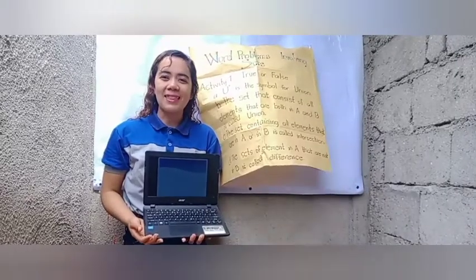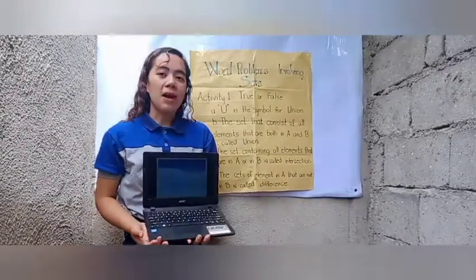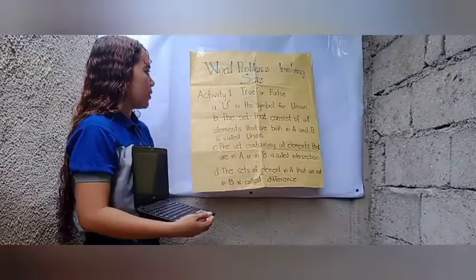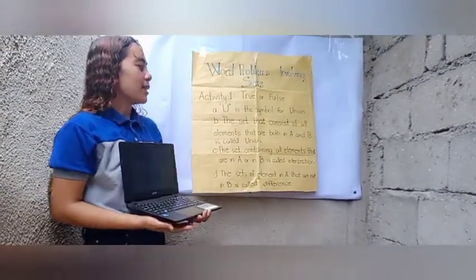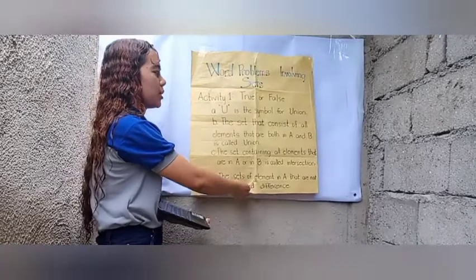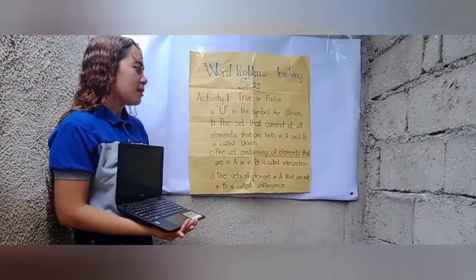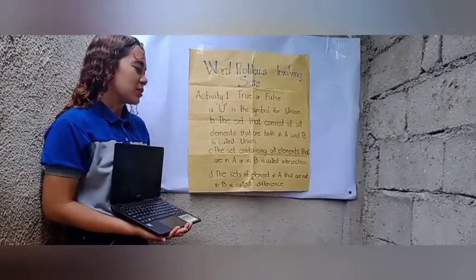Tapos na ba mga bata? So ngayon, titingnan natin kung tama ang inyong mga sagot. So, sa letter A, U is the symbol for union. Tama kaya o mali? B. The set that consists of all elements that are in both A and B is called union. C. The set containing all elements that are in A or in B is called intersection.